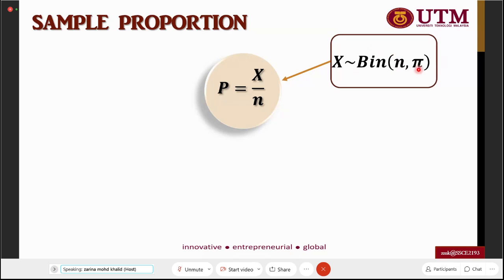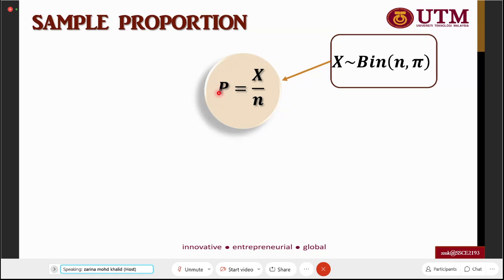And we have the population proportion, which is denoted by pi. So this is the population proportion, whereas P is the sample proportion. From sample to sample, you could have different P values. So different P values can be represented by a variable which is denoted by capital P.